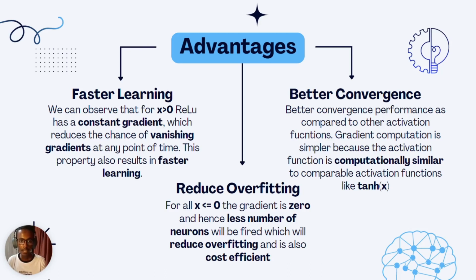And hence, fewer neurons will be fired, which will reduce overfitting and is also cost efficient. So when the activation function's output is 0, that neuron is not going to fire, and that means it's going to deactivate some of the neurons inside of the network, which will reduce the complexity of the network, and as a result, will reduce the overfitting.